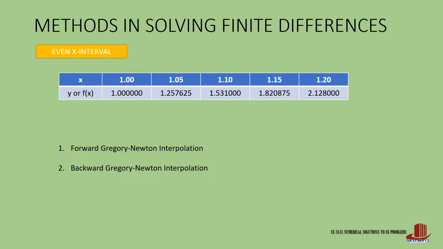In case the values for x would be in an even interval, that would mean like if taking the difference between these intervals, you are going to have an even value, like for example 1.05 less 1 would give us 0.05, and 1.1 less 1.05 would still be 0.05, and so on until we reach the last part, 1.20 less 1.15 would still be 0.05, then that is said as an even x interval.